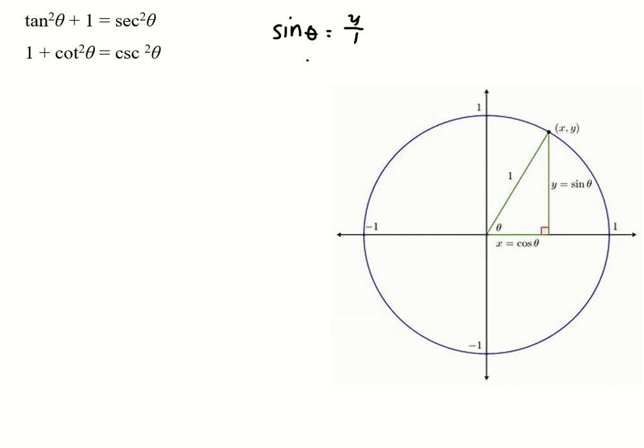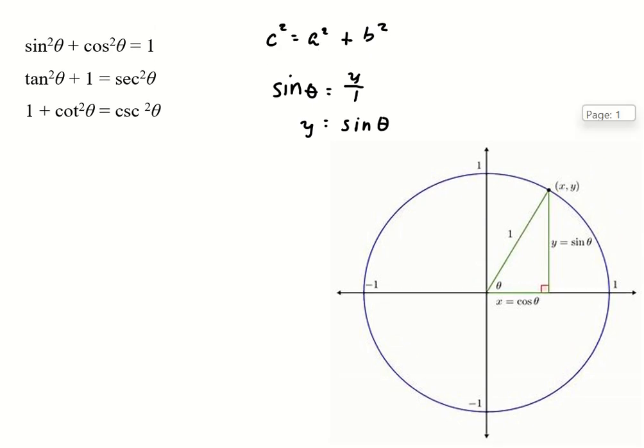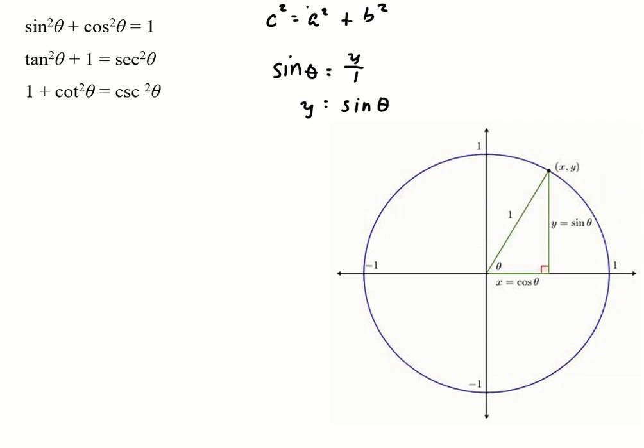So we can say that y is equal to sine theta. And of course, as we said a while ago, a and b are the legs of the right triangle. So a could be x and b could be y, or you can use a and b, x and y interchangeably. And of course, c is the hypotenuse. In this case, it's 1.